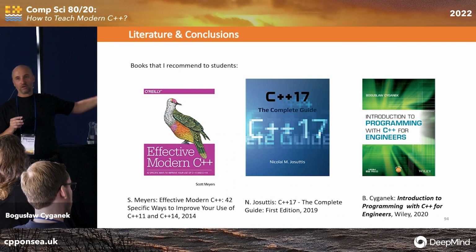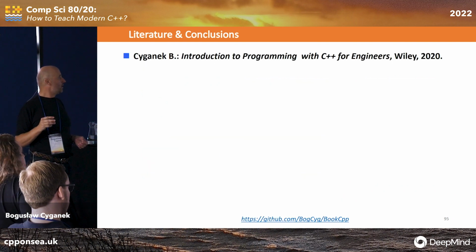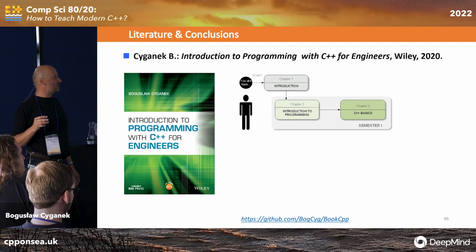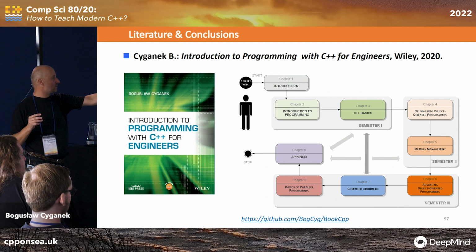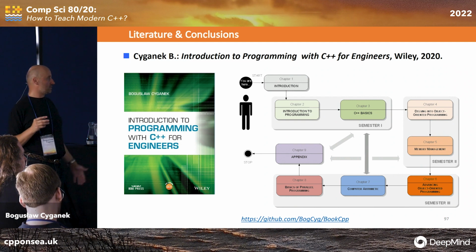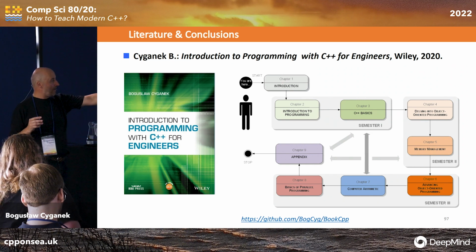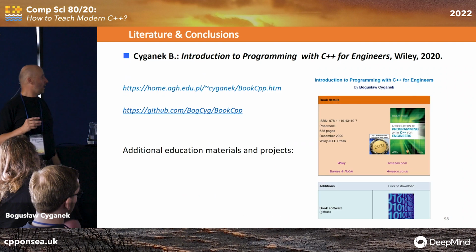Elaborating on all of this, what I showed today: in the book we organized 3 semesters. Semester 1 is basics, semester 2 is advanced and object-oriented, and semester 3 is more advanced parallel programming. And at the end, in the appendix, we teach C, actually.